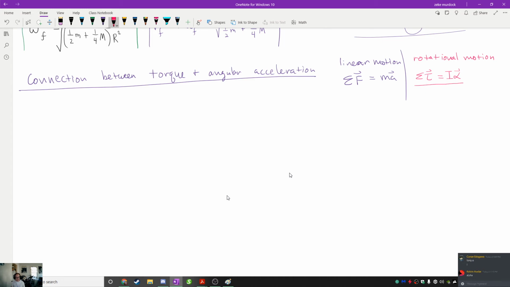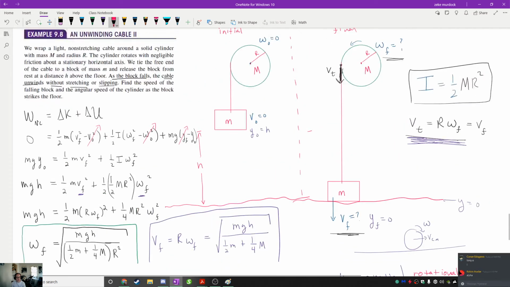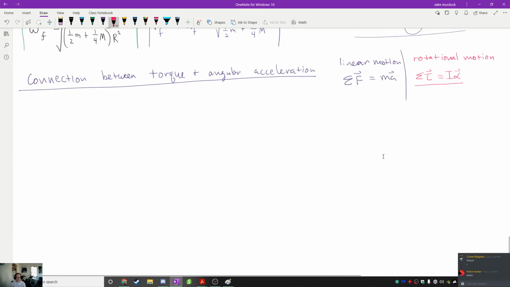And technically, we could have solved the problem we just did using this equation right here, by looking at the torque that's produced by the tension in this rope, figuring the angular acceleration of this object, and yeah.